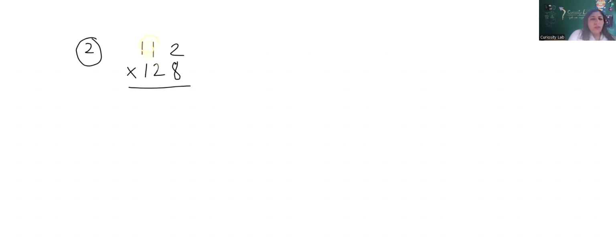So if you actually look in detail, what you're going to get is 1, 1, and a 2, and a 1, 2, and a 8. So 11 and 2 and 12 and 8 are the four numbers in our vertically crosswise method for 2 digits.